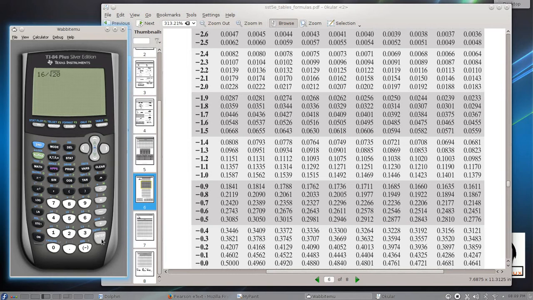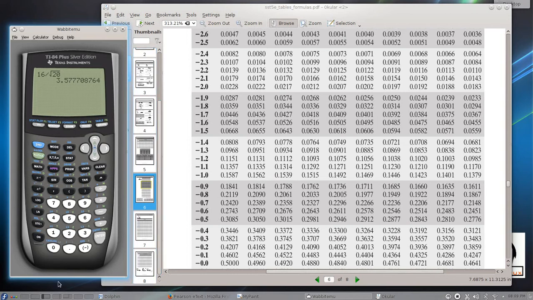That will give us 3.578, or we can round that off to two decimal places, and that will give us 3.58. That is the answer for the standard deviation of the sampling distribution.